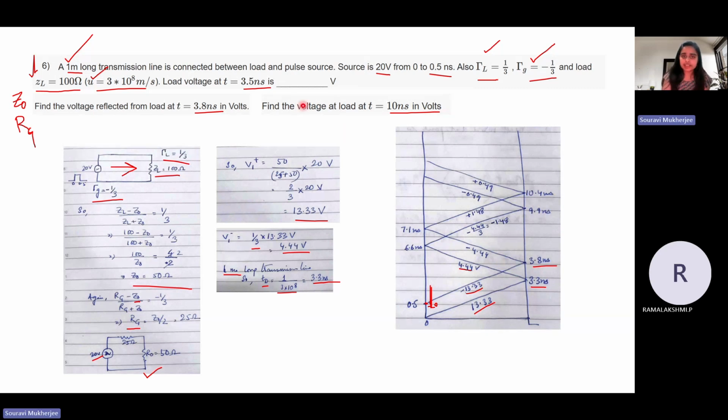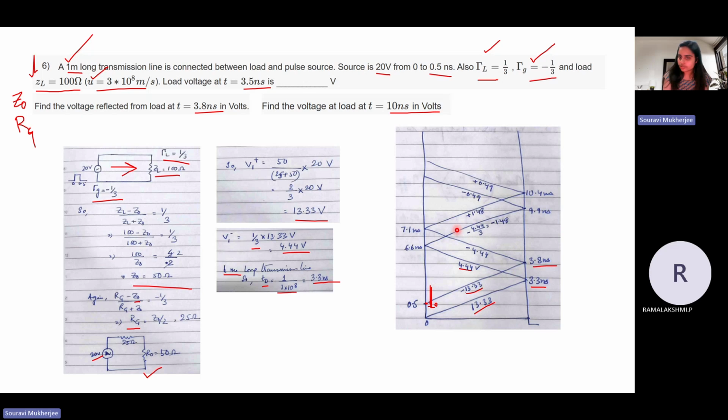If you're asked to find the voltage at load at t equal to 10 nanoseconds, you have to keep doing this. You reach the generator again, then you do another set of reflections. Be careful: when you are multiplying at the load side, you multiply by tau L, which is 1/3. When you are multiplying at the source side, you multiply by tau G, which is minus 1/3. So the signs are also important.